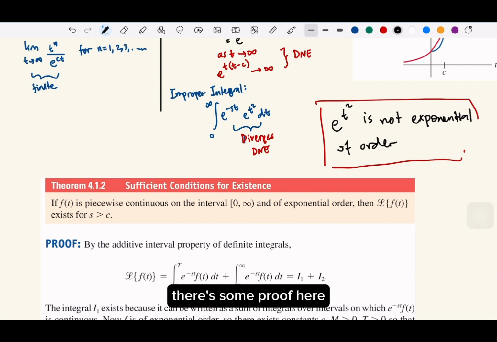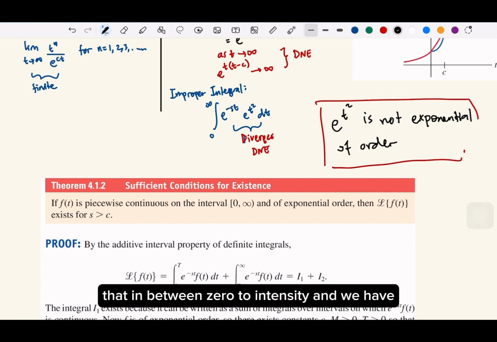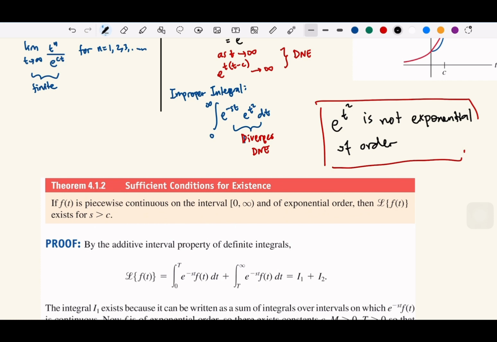And there is some proof here just to get you to know the formal definition. Then we can have a Laplace, and we can set up the integral from 0 to capital T, which we treat as a constant, and then from T to infinity.